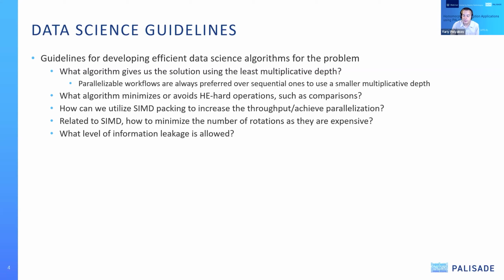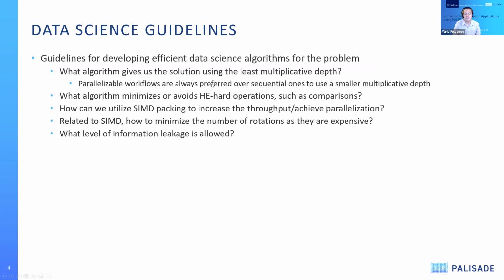That's a very important consideration that determines the efficiency of the computation. And so one has to examine the various approaches that exist in, let's say, conventional data science or in genomics, and see which of those approaches would minimize the multiplicative depth. And it's also related to this.